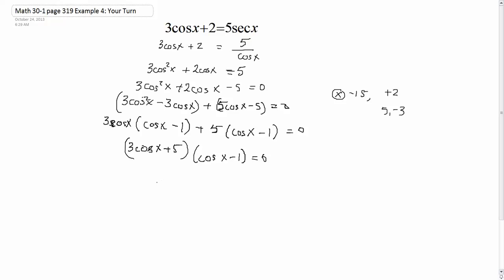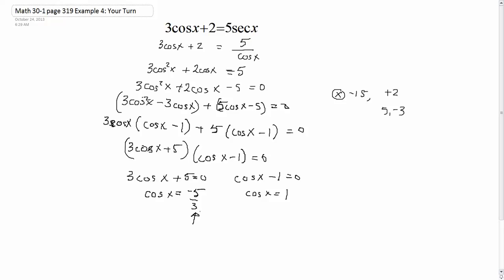We set each of our factors equal to 0, so 3 cos x plus 5 equals 0, and cos x minus 1 is equal to 0. Solve for cos x. Cos x in this case is equal to negative 5 over 3, and cos x is equal to 1.